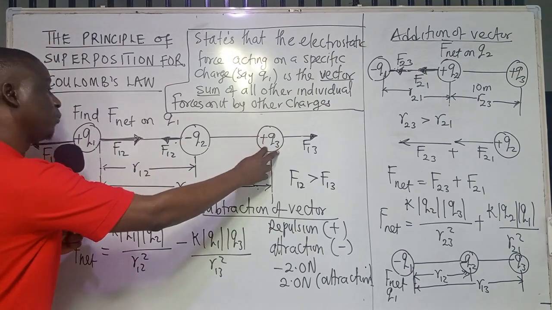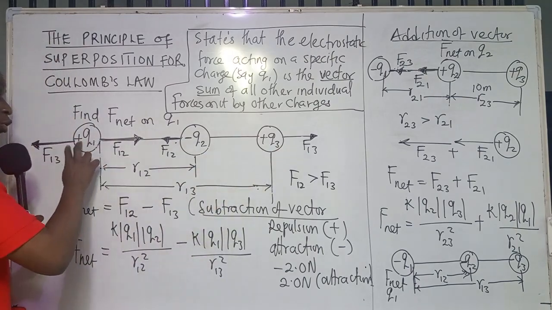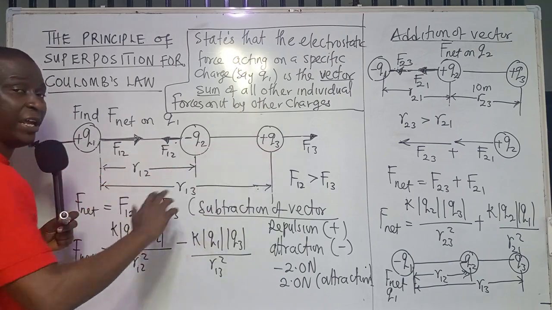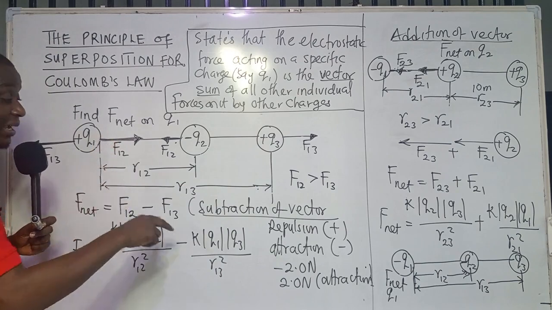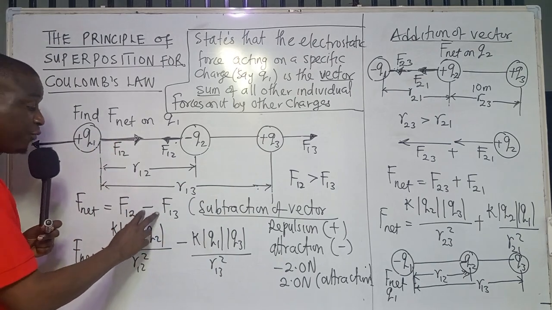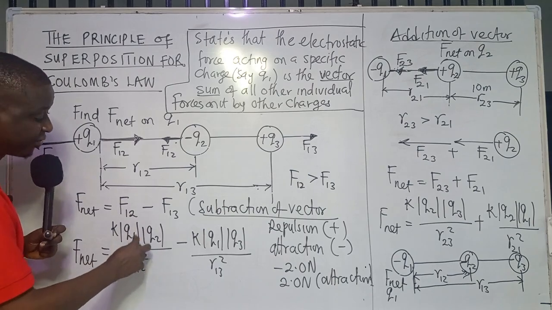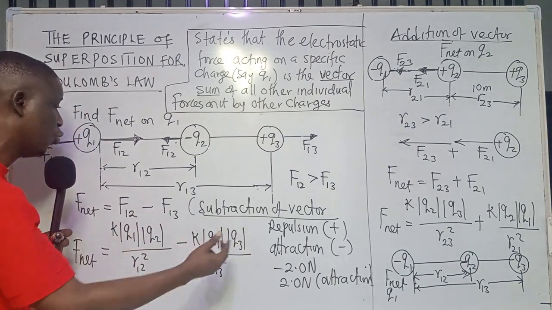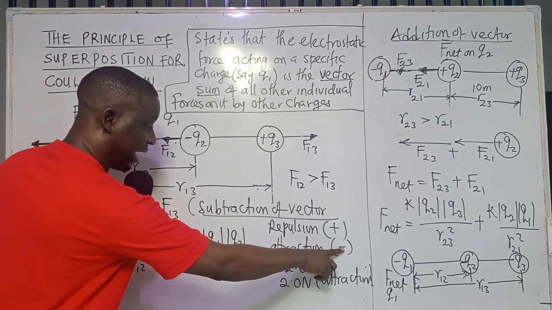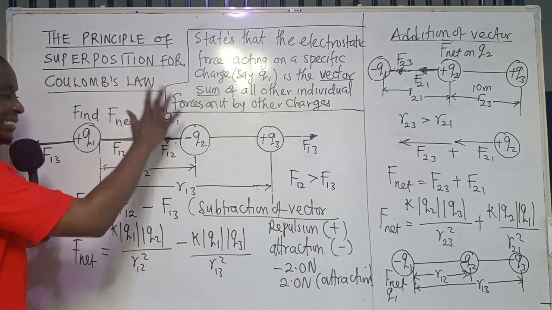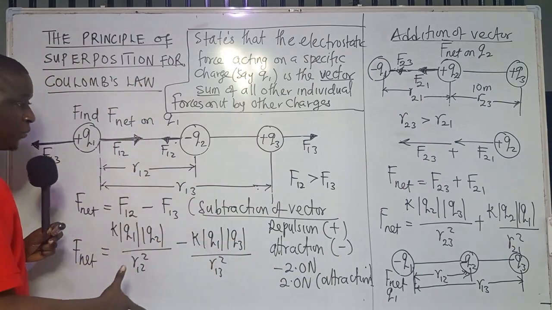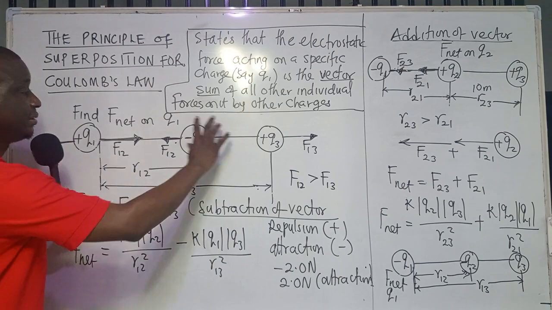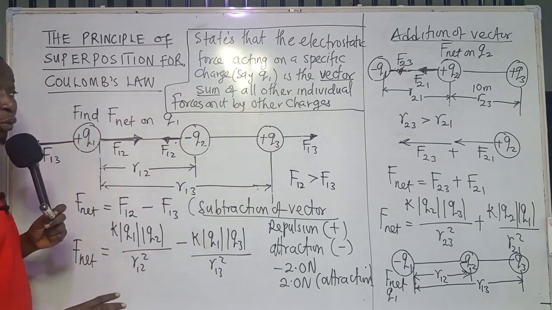Q3, which is supposed to be a repulsive force on Q1 because of like charges, is far away from Q1. So in this system, if you solve directly without putting an absolute value, you will end up having a negative sign, and the negative sign will indicate the nature of the force acting on Q1.